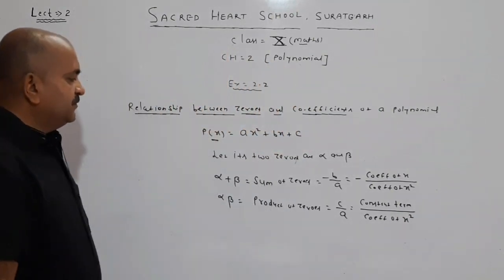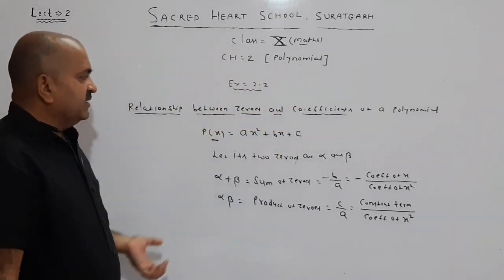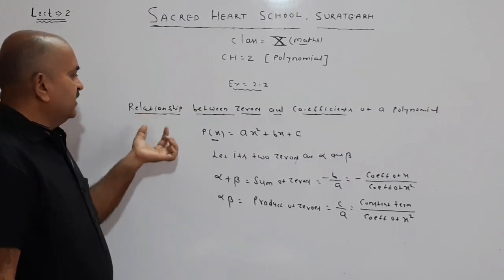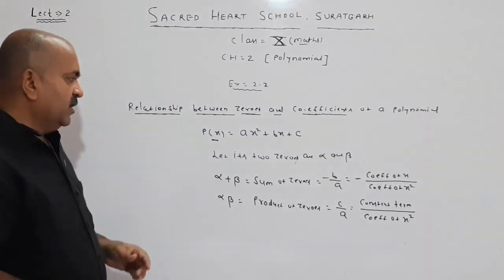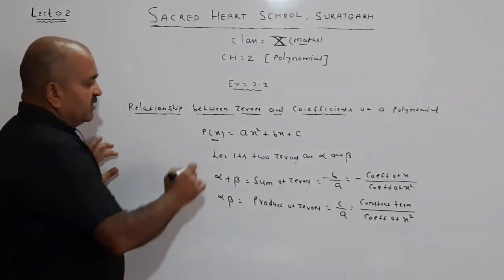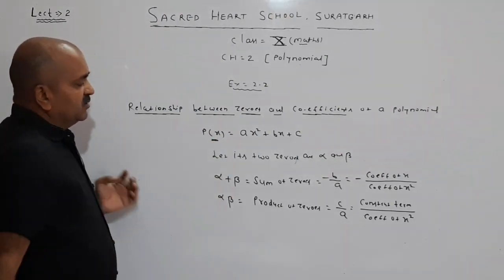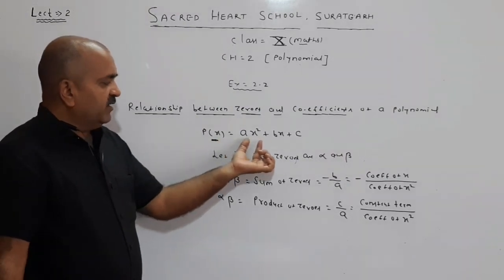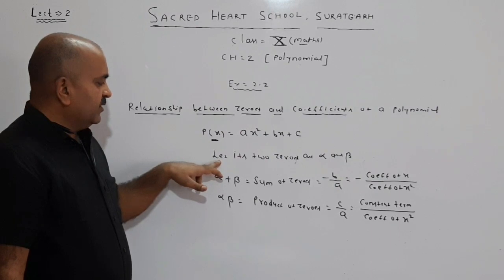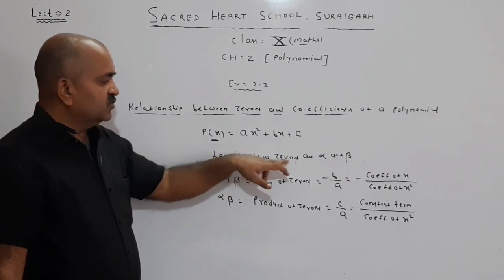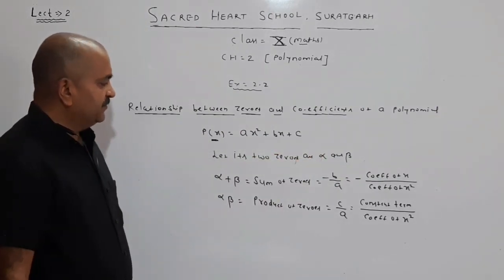So students, in this exercise, we discuss the relationship between zeros and coefficients of a polynomial. I repeat this. Suppose a quadratic polynomial ax square plus bx plus c, and suppose its two zeros are alpha and beta.